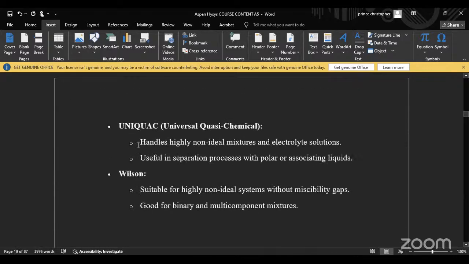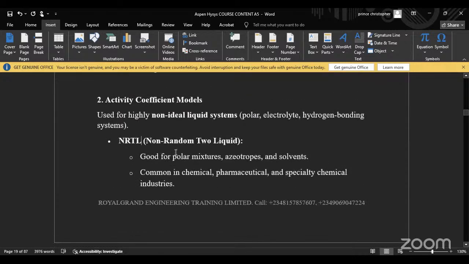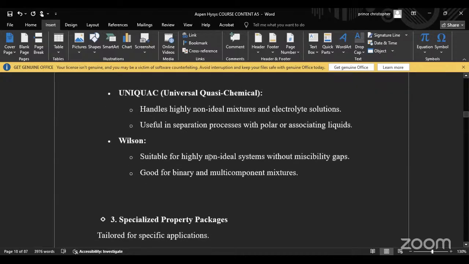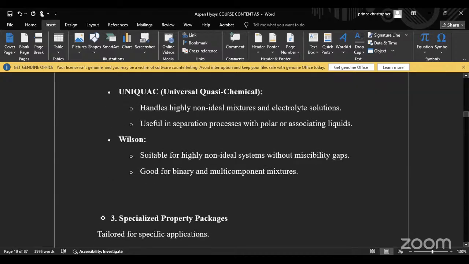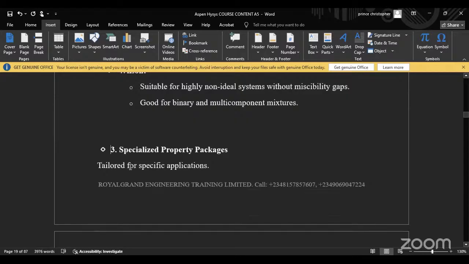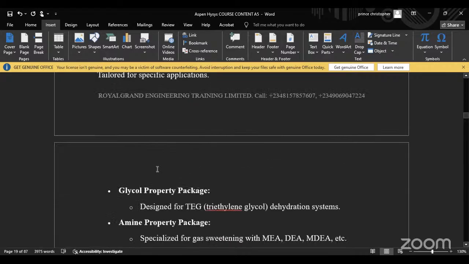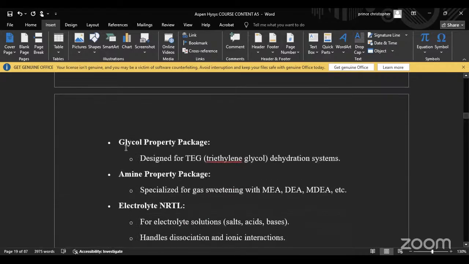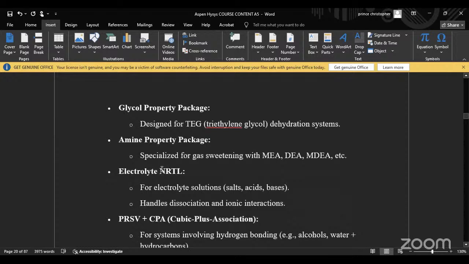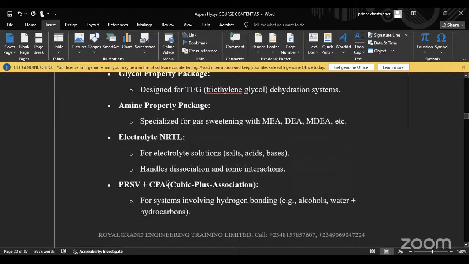Then you have UNIQUAC. It handles highly non-ideal mixtures, good for polar mixtures. We have Wilson, suitable for highly non-ideal systems with miscibility gaps. We also have specialized property packages tailored for specific applications, like the glycol property package, the amine property package, and electrolyte NRTL, PRSV, and generalized models.